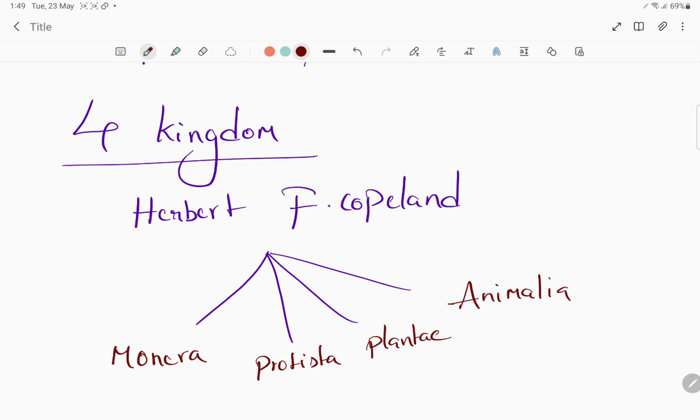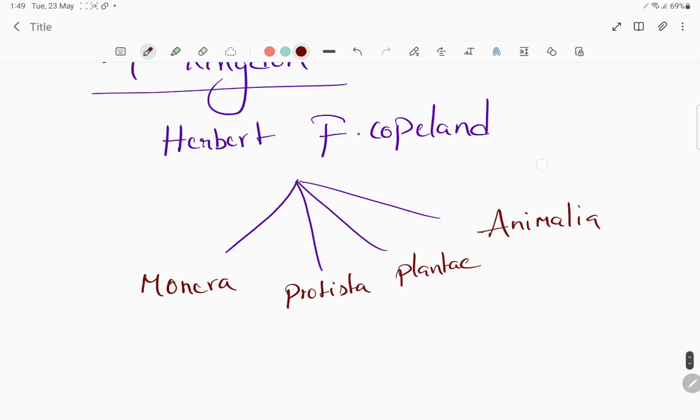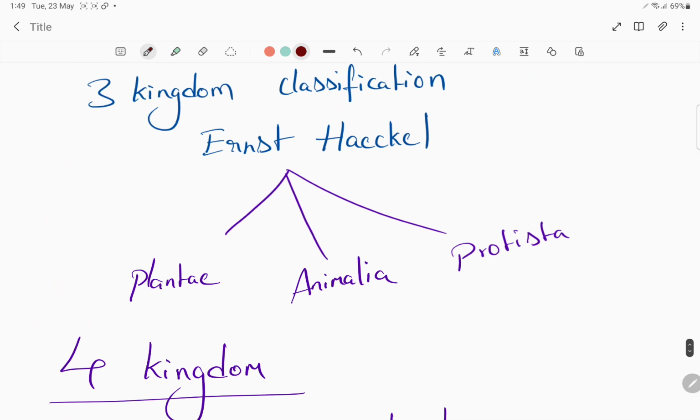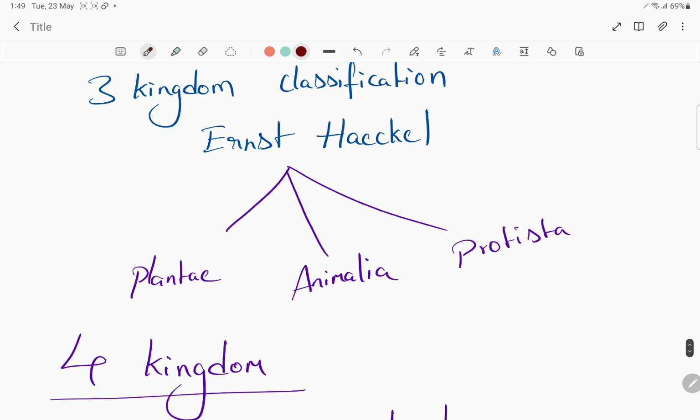Fungi is the one which is first seen in R.H. Whittaker's system of classification. Protista is first seen in the three kingdom system, and Monera is seen in the four kingdom. That is the difference you have to note in these two, three, four, five and six kingdom systems. We call the six kingdom also the three domain classification.